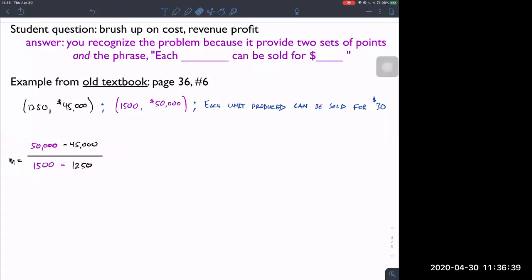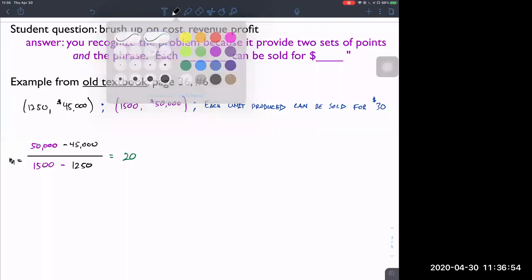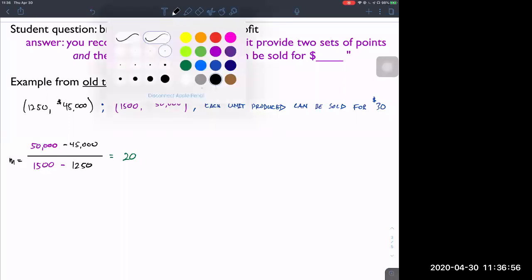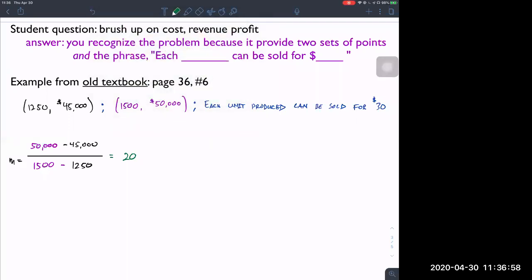I got to use a different color here. This is green. So you definitely want to make sure you know how to convert this to slope-intercept form, and again, any way you prefer. You can use y minus y1, which is what I taught predominantly in class.